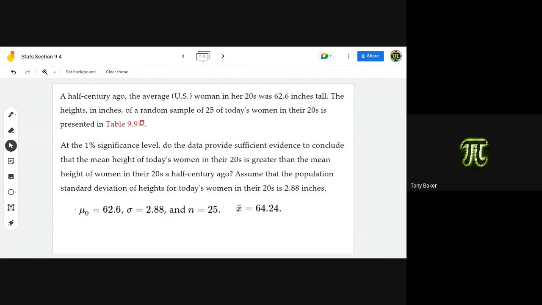I actually put the mean on there so you don't accidentally mess up typing a number in your calculator. At the 1% significance level, the lower the significance level, the more precise your data needs to be. If I did a 5% significance level, I'm going to be able to reject the mean a lot more because I have a bigger space to reject it. So 1% is even smaller.